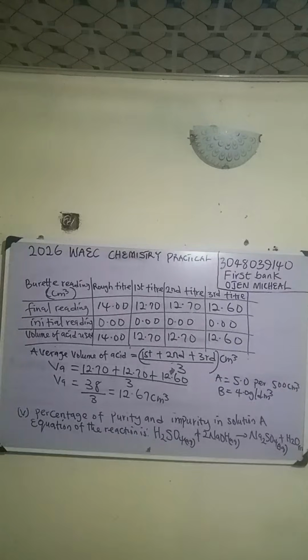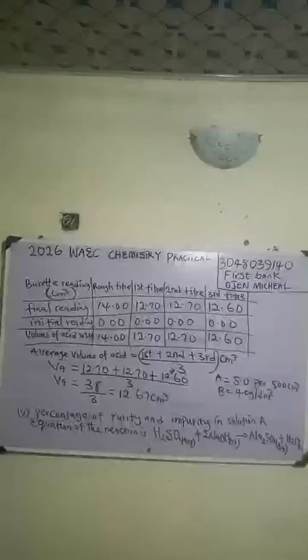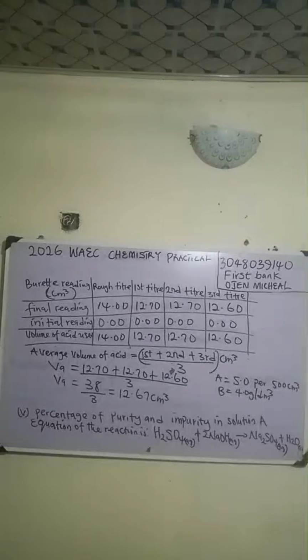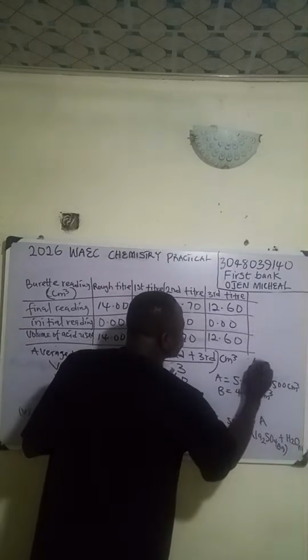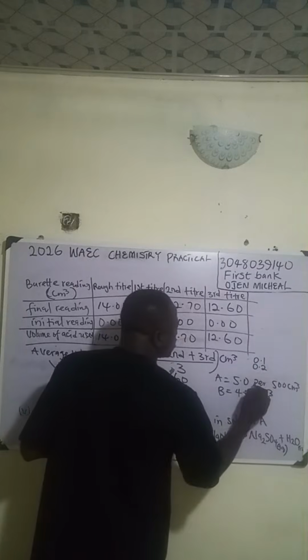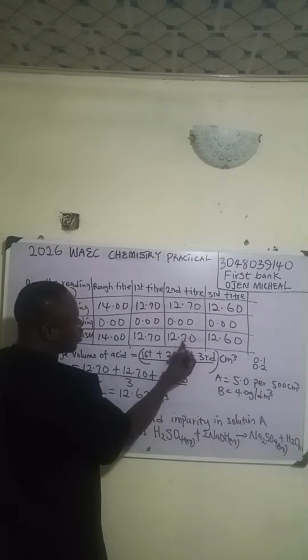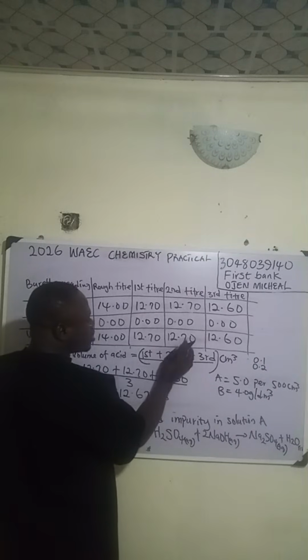Yes, it can be 0.2. Please, that concordant value is very, very important. If you have a wide range, you'll be penalized. It's mostly 0.1, 0.2. Look, the concordant value should be what? 0.1, 0.2. 0.3 is not acceptable.